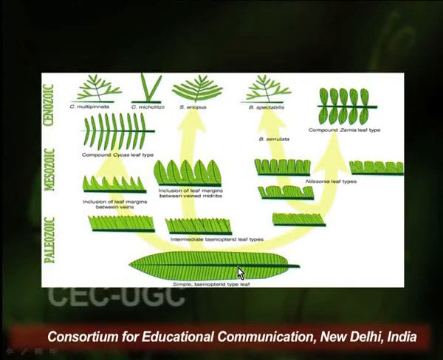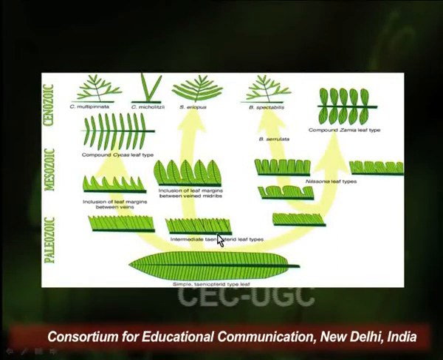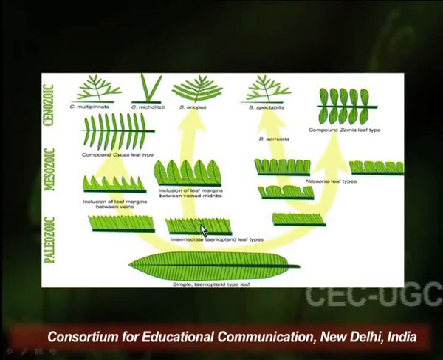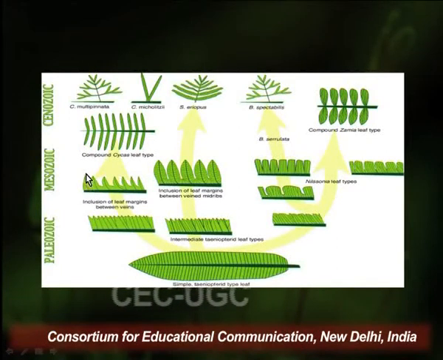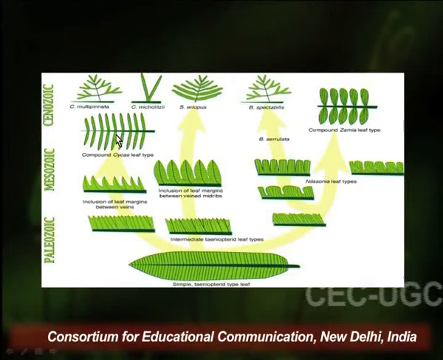Gradually, during the course of evolution, the margins started becoming serrated, and from these serrated margins the indentation further reached up to the main midrib, and because of these developments, finally compound leaves have evolved.